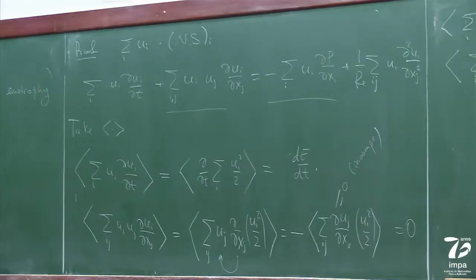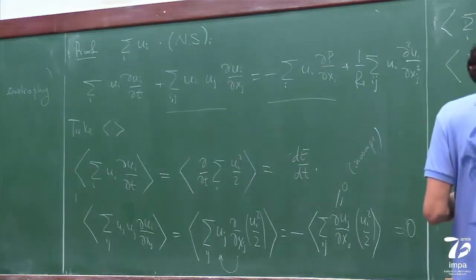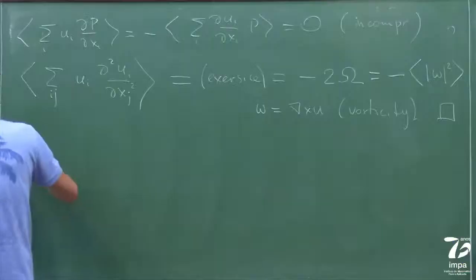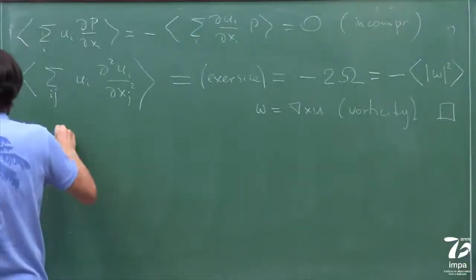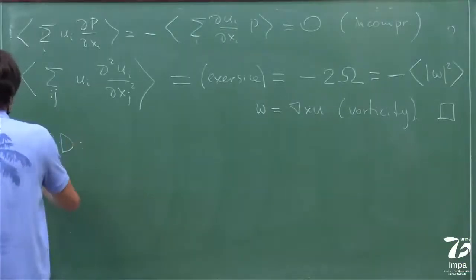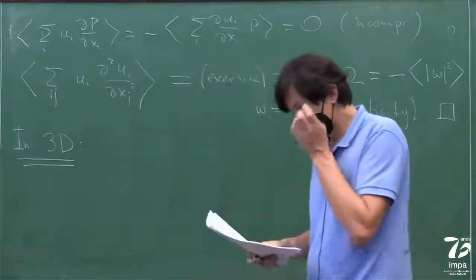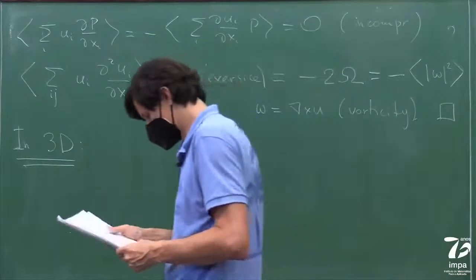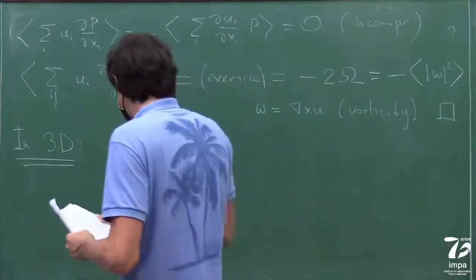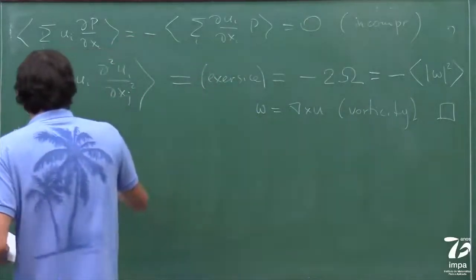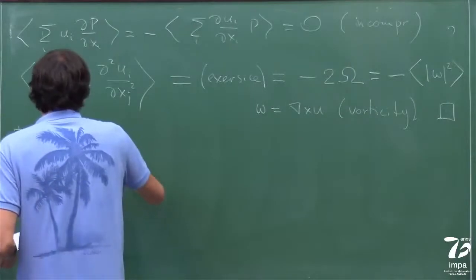I will also sketch two more conservation laws, which I will give without proof. We will not use the first, I think never, in the course. So in 3 dimensions, when n is 3, right?